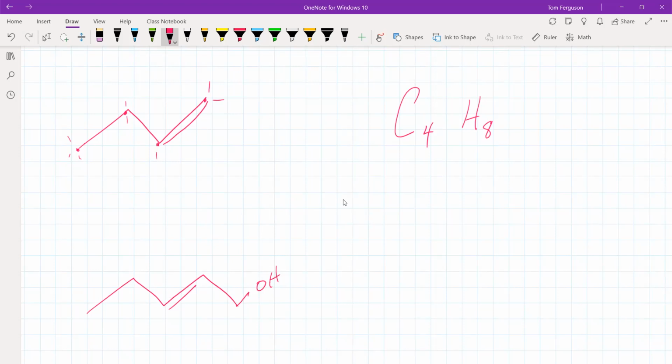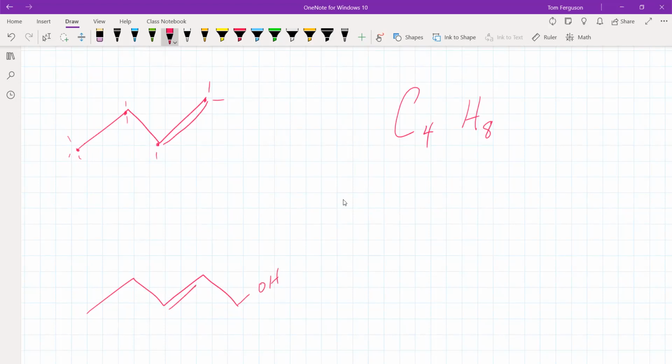Now make sure when you draw, notice when I drew this OH here, I could have drawn it this way. I could have drawn it this way. Or that way.